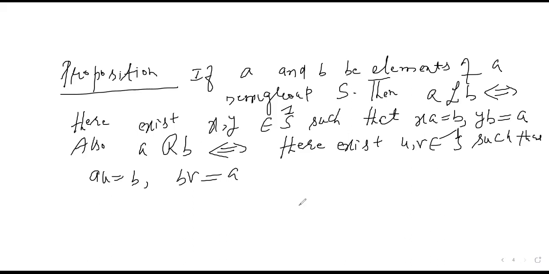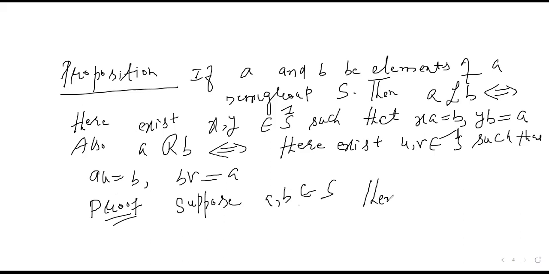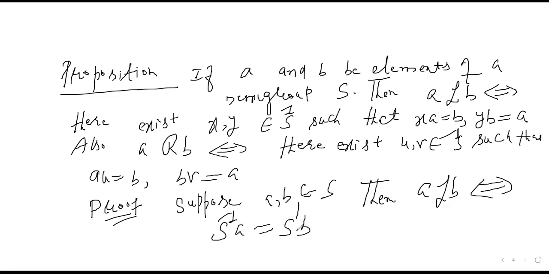Now the proof is straightforward, it follows from the definition. Now suppose you have A and B, elements of a semigroup S. Then ALB, if and only if by definition S1A is the same as S1B.